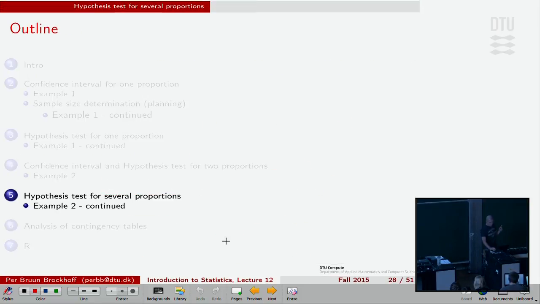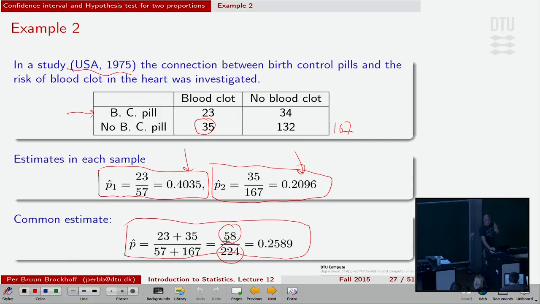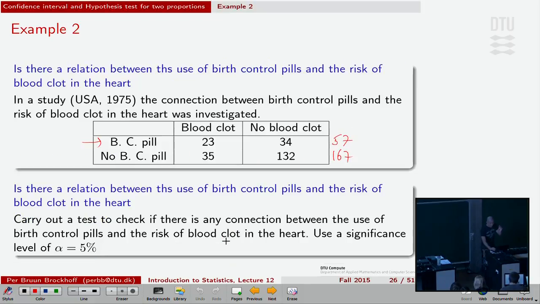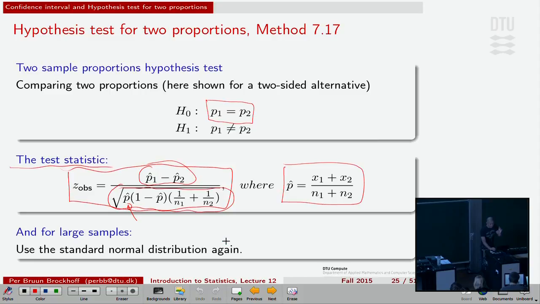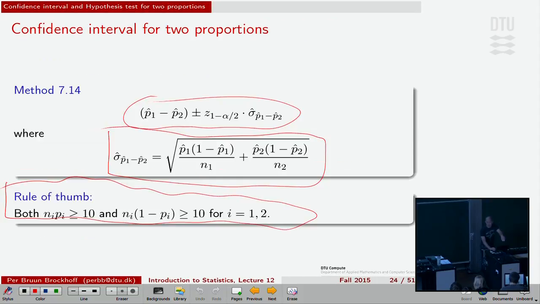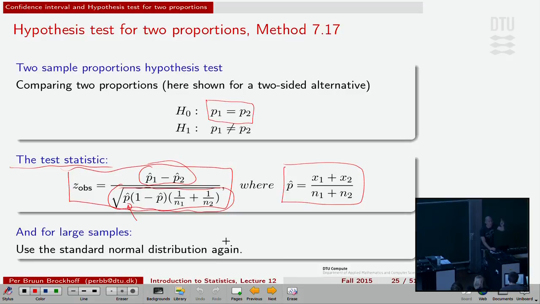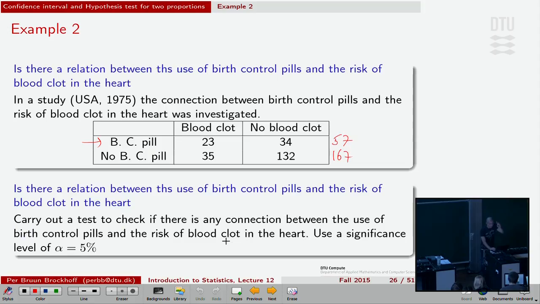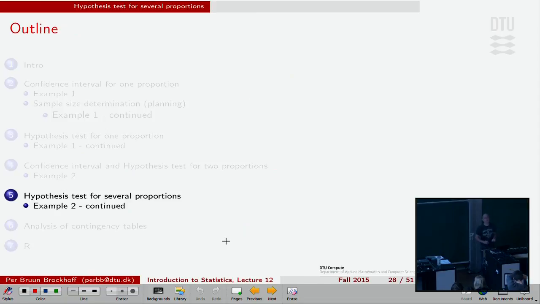Now I could go on, and I'm not going to do that for various reasons. I'm not going to now try to exemplify this formula. I could use that formula for the difference between the two P's. I could use this formula for a test statistic, but I will jump to the next step instead.